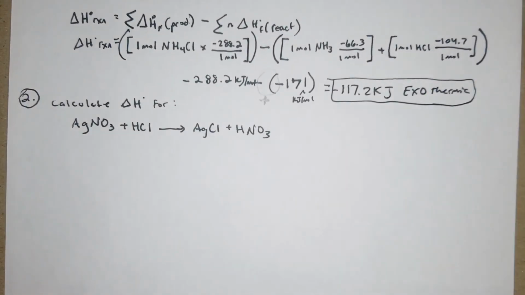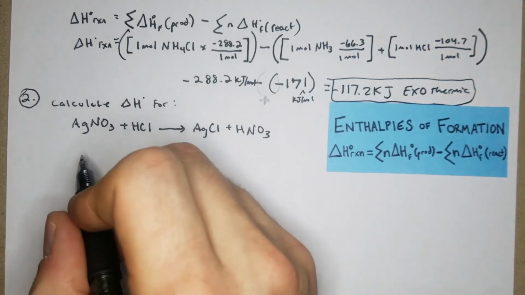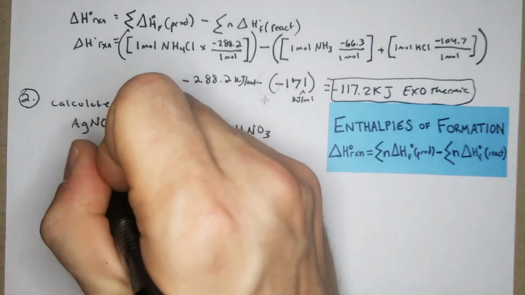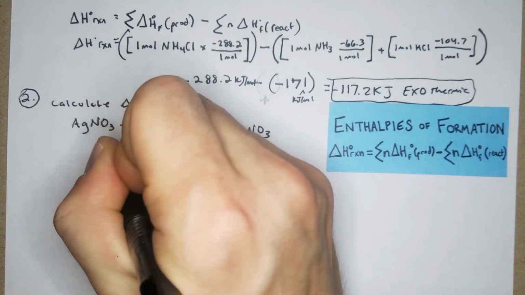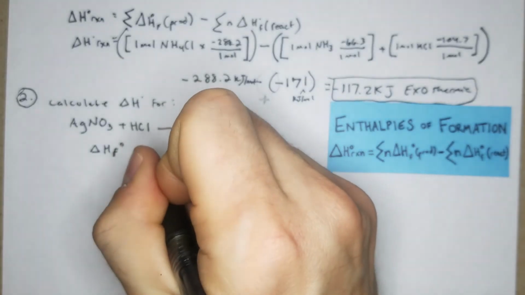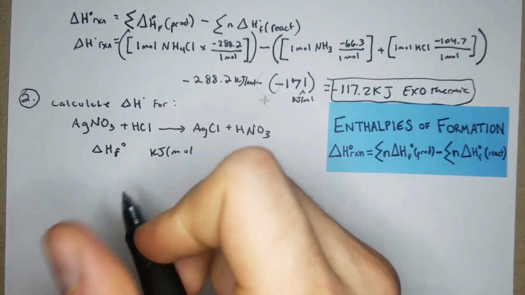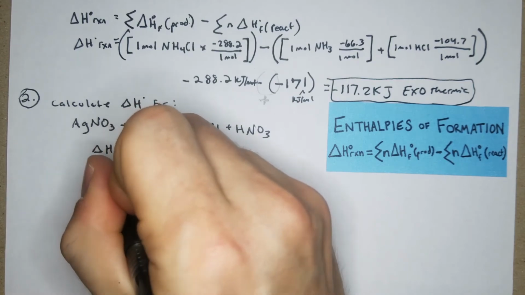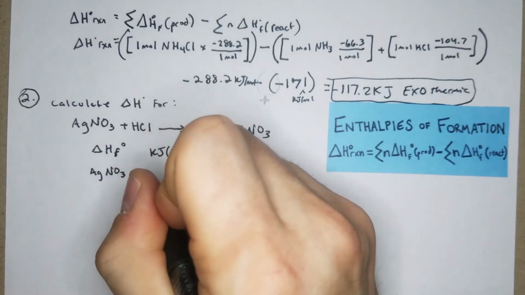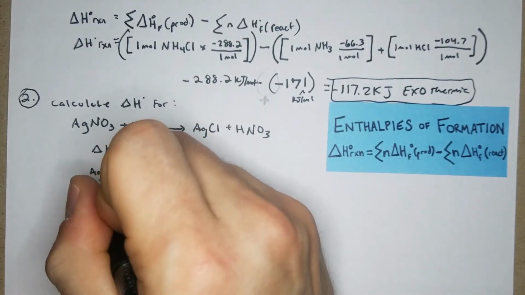The enthalpy of formation, and we'll have kilojoules per mole over here. AgNO3 is equal to, we'll go positive this time, 64.7.